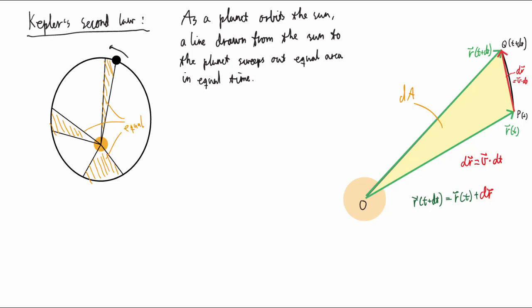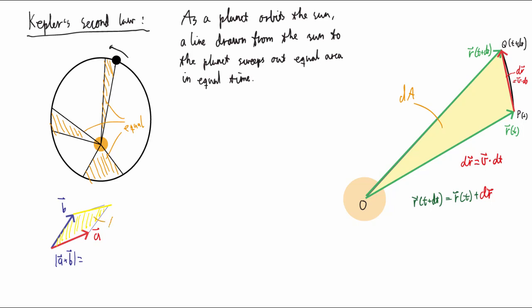In order to figure out its size, we should recall that if we have two vectors, one there and one there, and let's call this one A and this one B, then the magnitude of A cross B is just equal to the area of this parallelogram spanned by the two vectors.